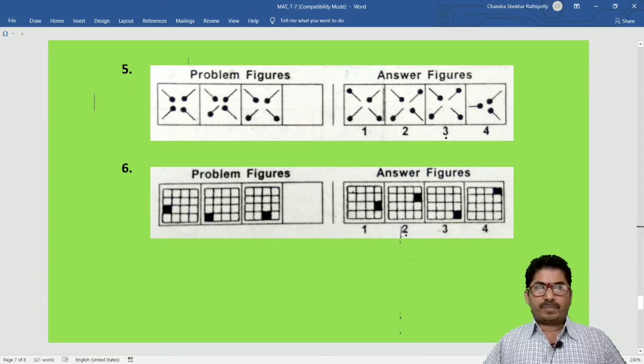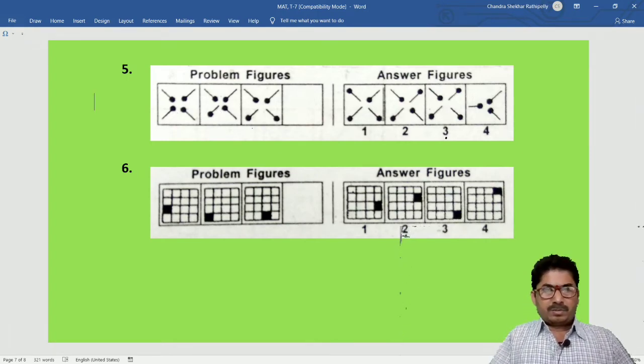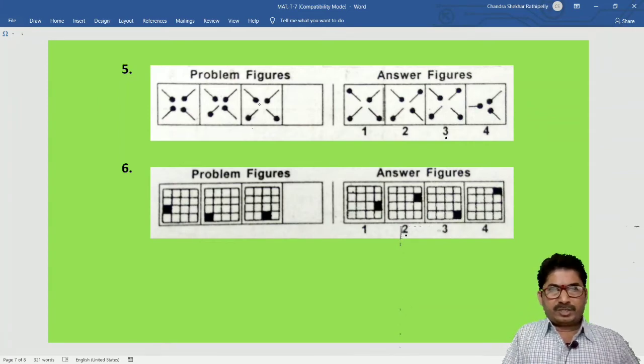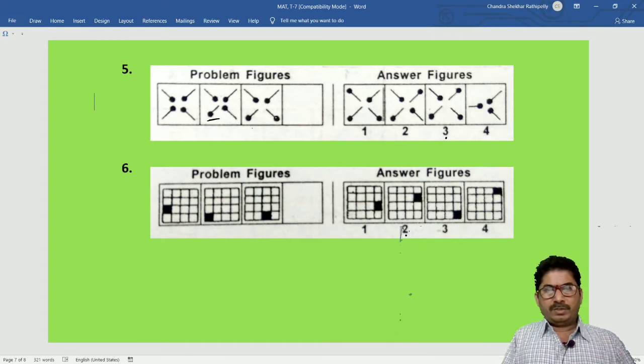Question number 5. Problem figures on the left hand side. Here we have 4 matchsticks that are rounded shapes inside. In the second figure, one matchstick changed like this, and in the next figure this one changed like this.